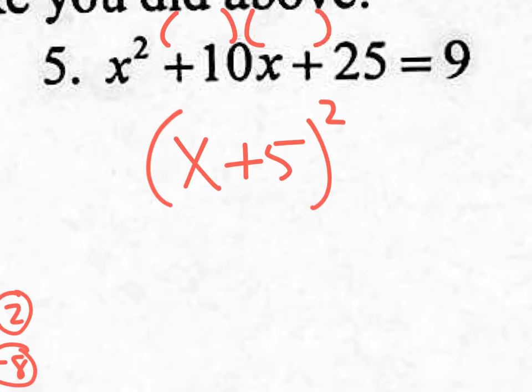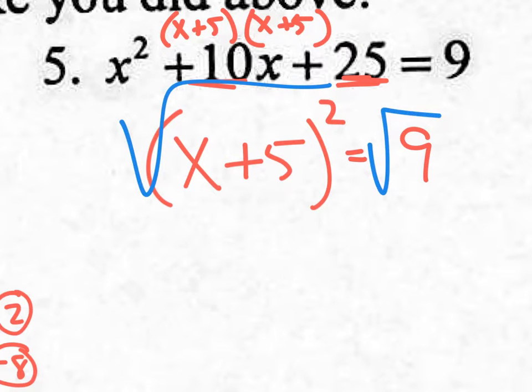Here's a binomial, x, x, and you think, okay, what times what is 25 that if I add together is 10? Oh, that's a plus 5 and a plus 5. And then you go from this exact x plus 5 times x plus 5, and we rewrite it as x plus 5 squared. And we're going to now bring down the 9, and we're going to now square root and square root.